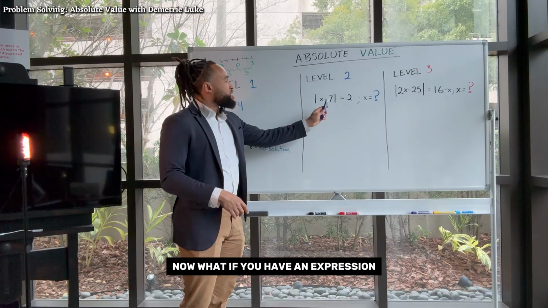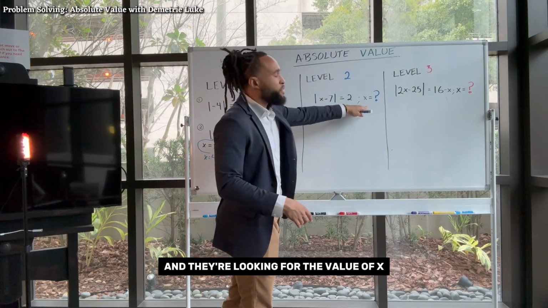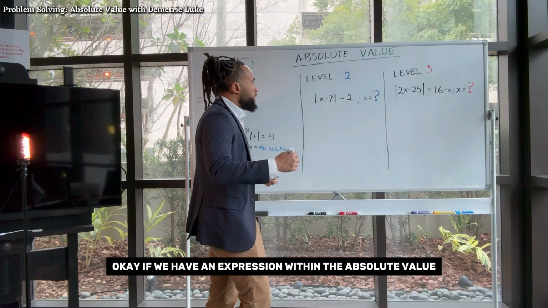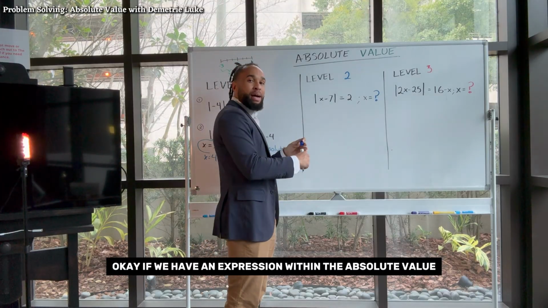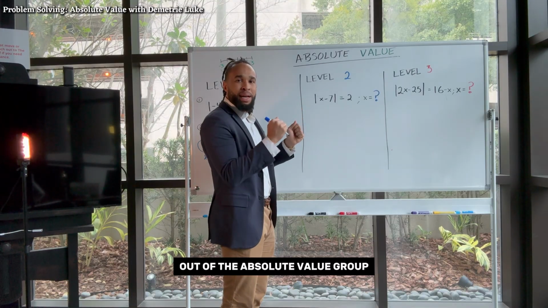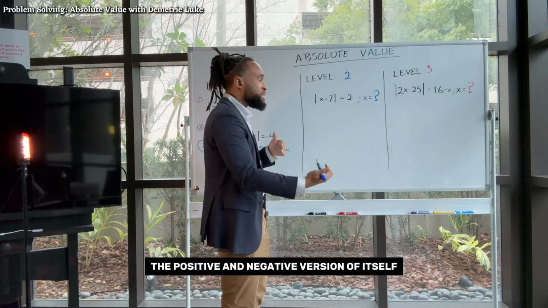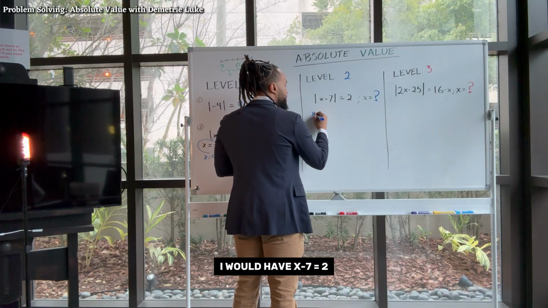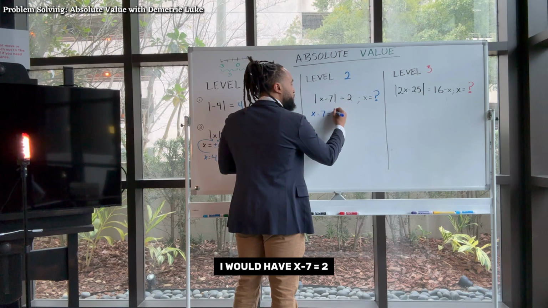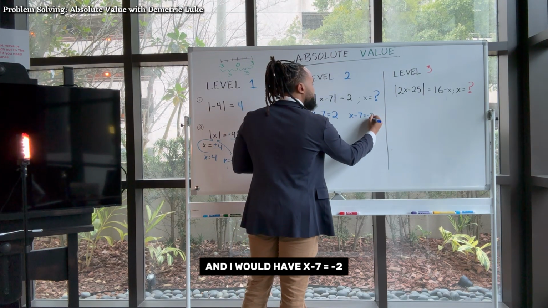Now, what if you have an expression within the absolute value brackets and they're looking for the value of x? Okay. If we have an expression within the absolute value, we first want to get the expression out of the absolute value group by making the opposite side the positive and negative version of itself. So I would have two expressions. I would have x minus 7 equals +2, and I would have x minus 7 equals -2.